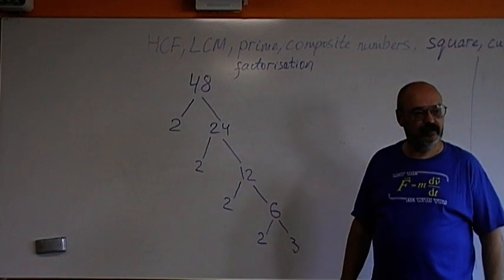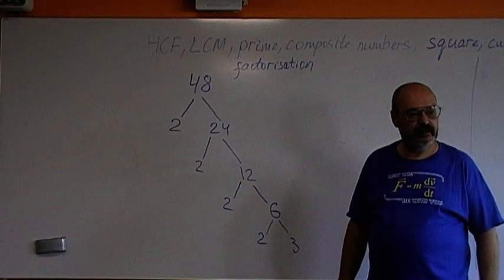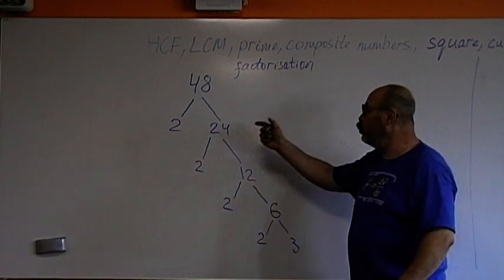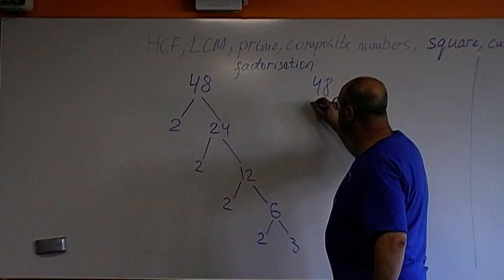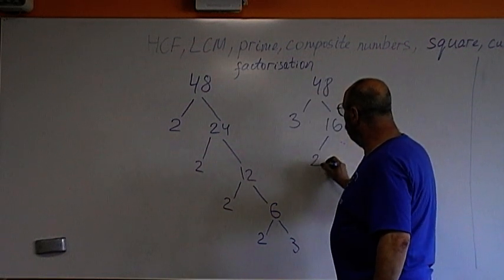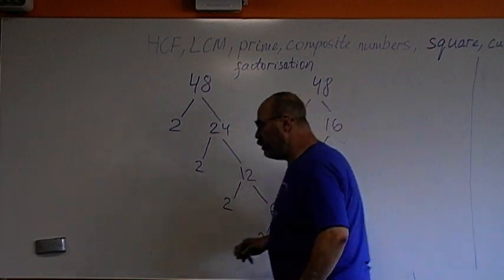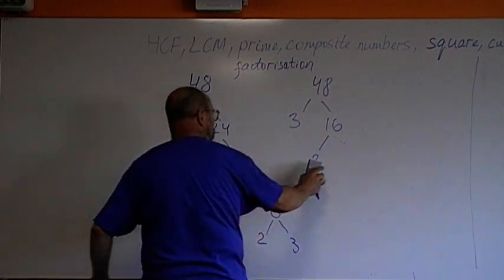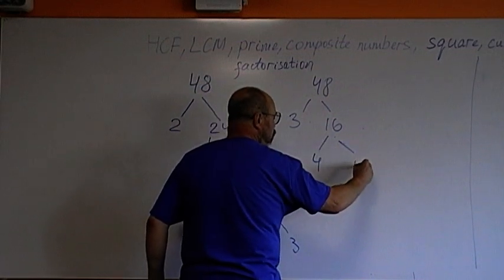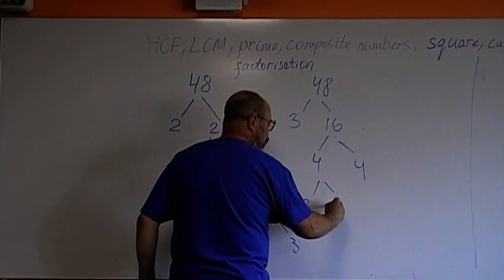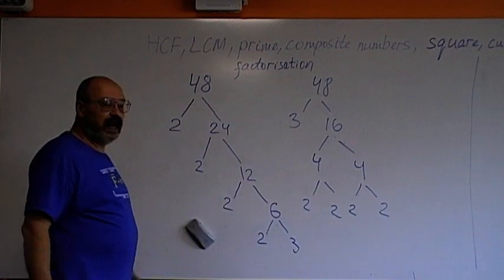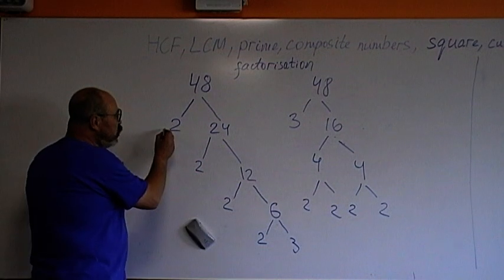Wait, so when you do that, do you do the smallest and the largest one? It doesn't matter. The main thing is you stop. For example, you can do 3 and 16. Then you do 2, then you can do 4 and 4, and then 2, 2, 2, 2, and 3. What do we have here at the end?